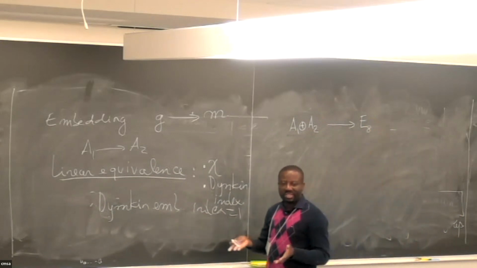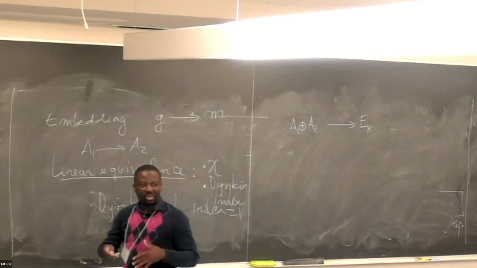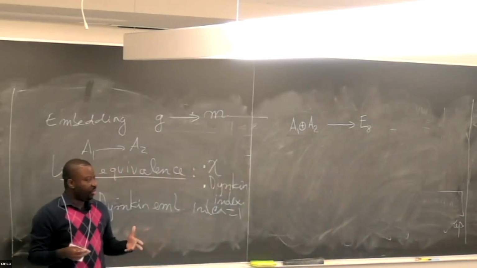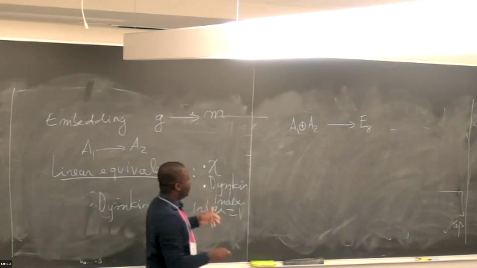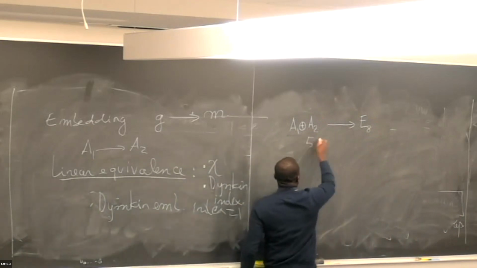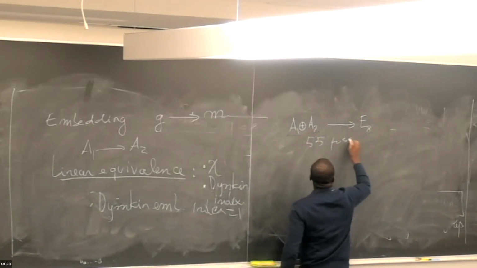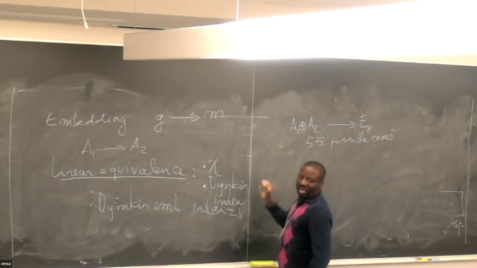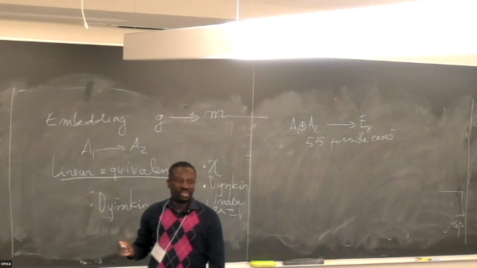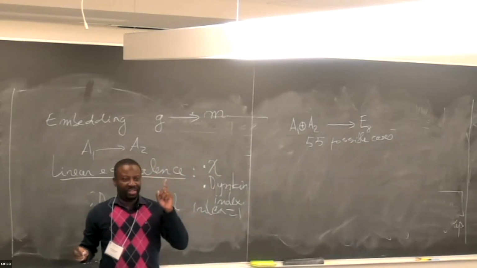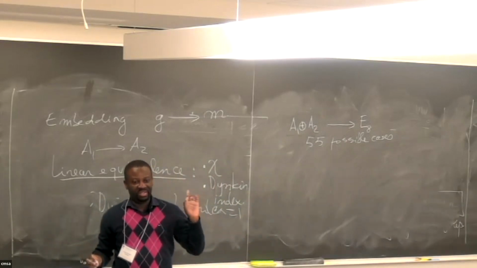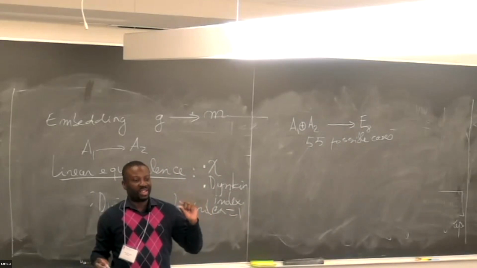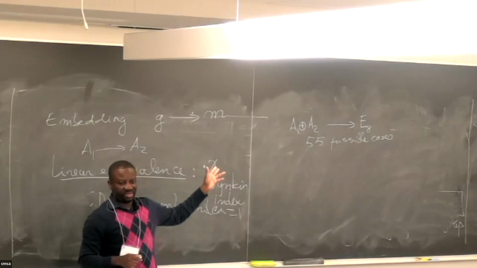And each embedding that is different can actually end up giving you different matter representations. There are actually 55 possible cases. And among the 55 possible cases, there is one that has Dynkin index one. And that one gives you exactly the matter that you expect from a grand unified theory.